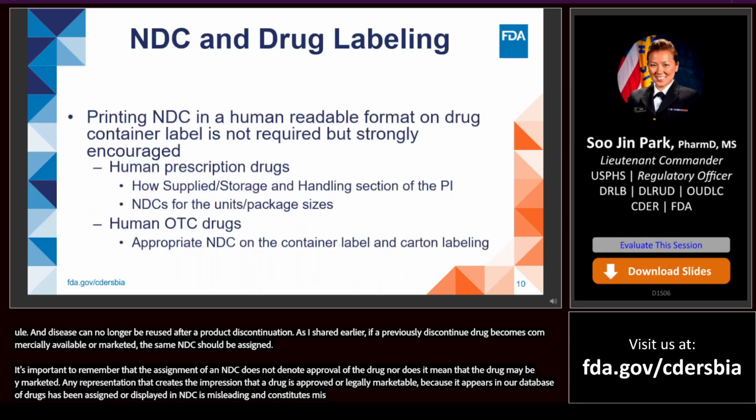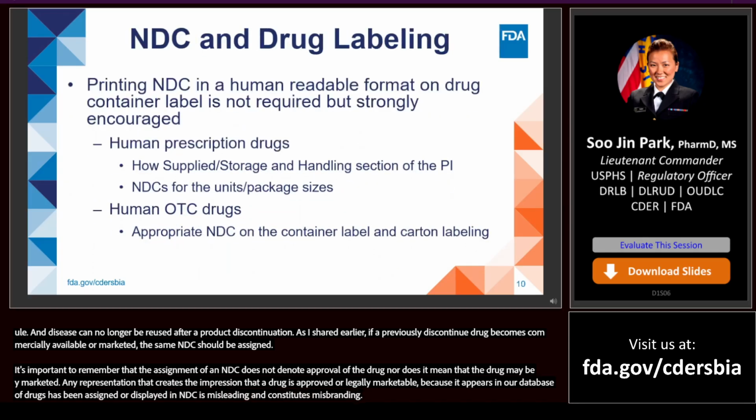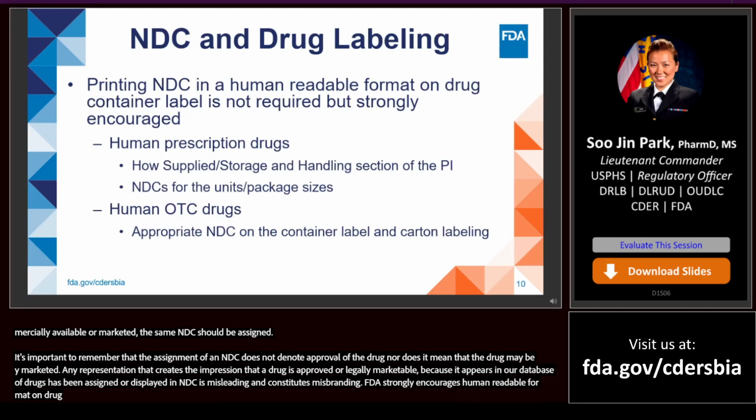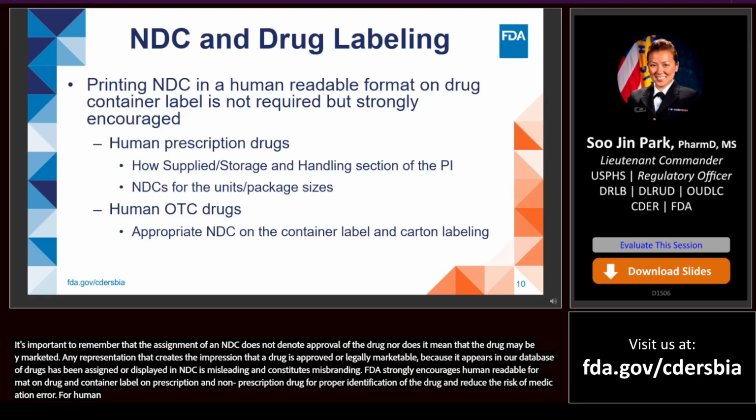FDA strongly encourages inclusion of the NDC in a human-readable format on the container label and carton labeling of prescription and non-prescription drugs for proper identification of the drug and to reduce the risk of medication error. For human prescription drugs, the How Supplied, Storage, and Handling section of the package insert must include NDCs.